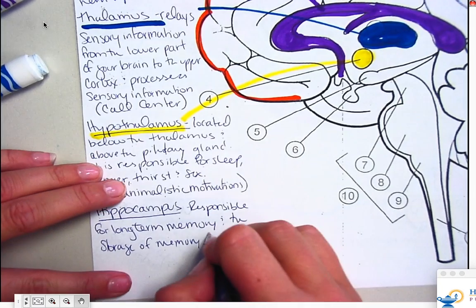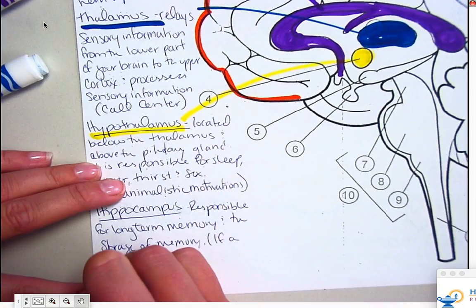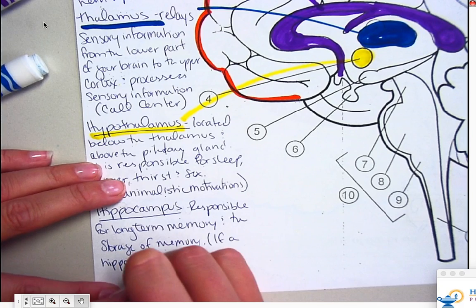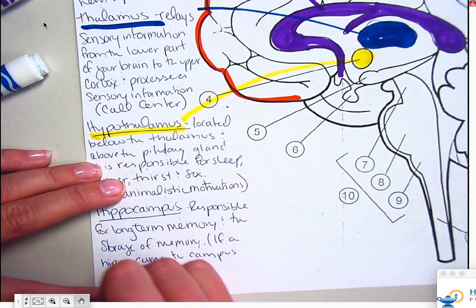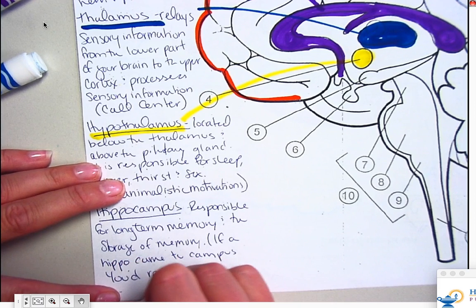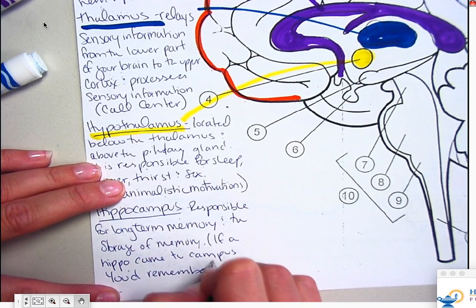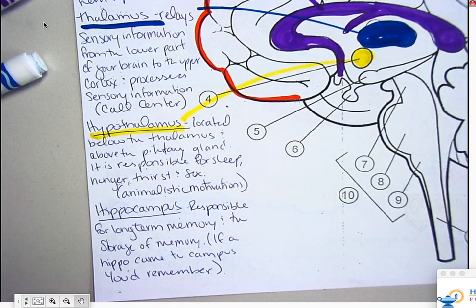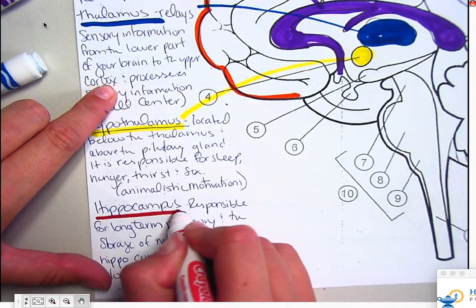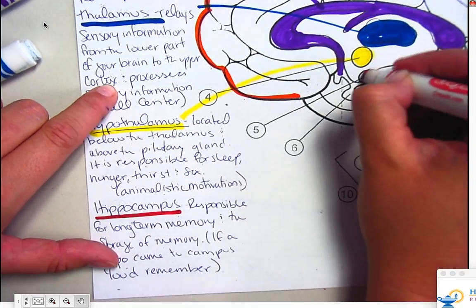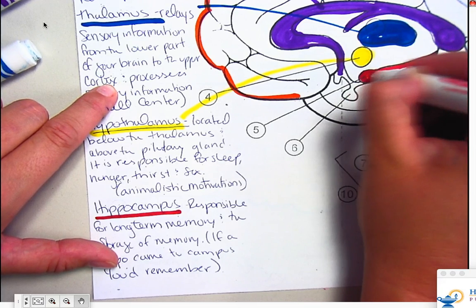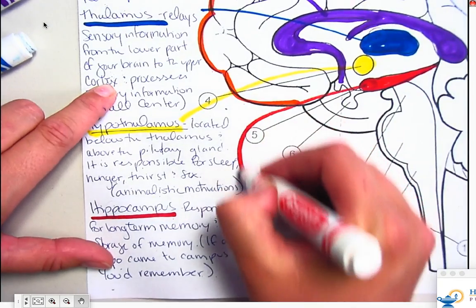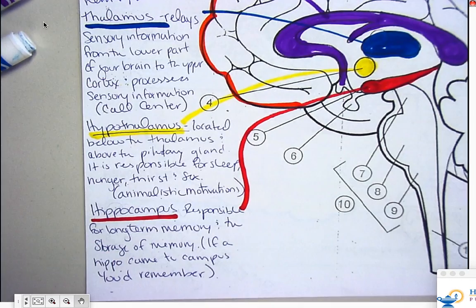And how we remember this: if a hippo came to campus, you'd remember. That's how I always get it. Your hippocampus is in charge of your memories. For me, it's going to be red, and it is located right here.